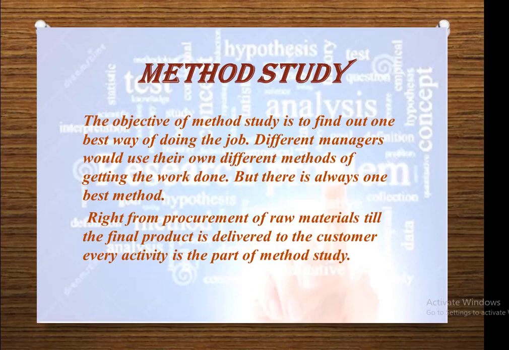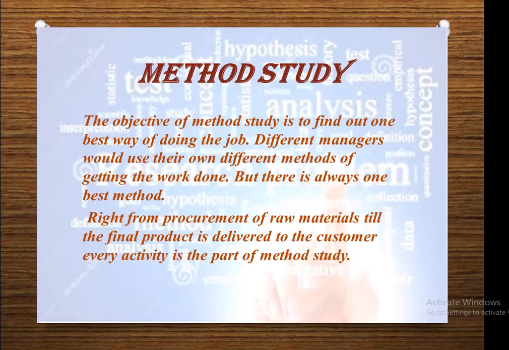For example, for production of shoes, there can be labor intensive method and capital intensive method. To find out which is the best method, management must evaluate the cost of production with both the methods and compare both the methods with the resources of the company.